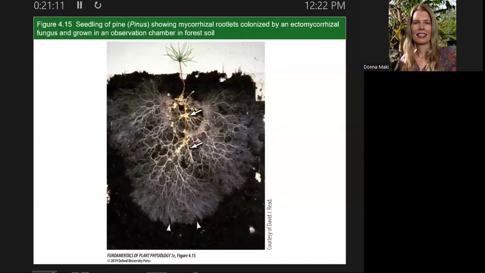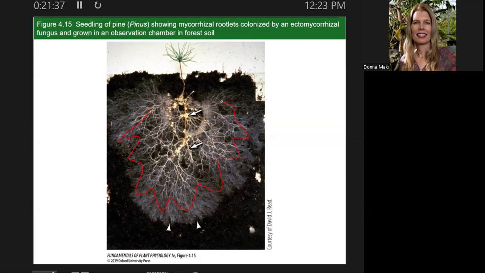And here you have a conifer seedling that is very young. This is a nice picture because it's showing the root system is kind of the yellowish, thicker white that you see. And then all of this more ephemeral looking white area here, all of that is fungal hyphae.